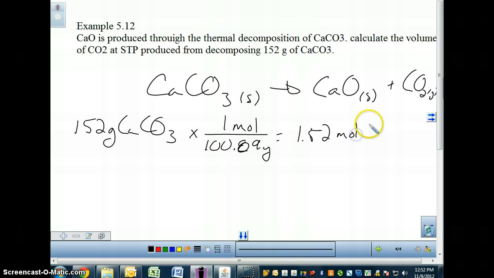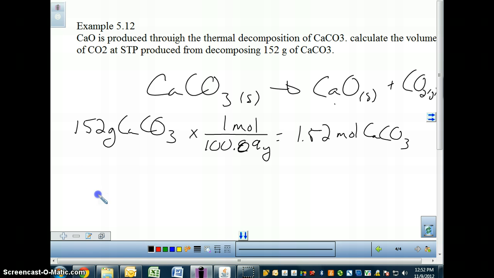moles of calcium carbonate. Now I have to make sure that my reaction is balanced. However, I'm given the reaction in the textbook, and if I just do a quick check, 1 calcium, 1 calcium, 1 carbon, another carbon, 3 oxygens, 1, 2, 3 oxygens, we're good.